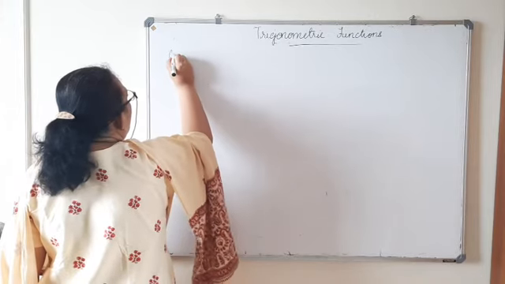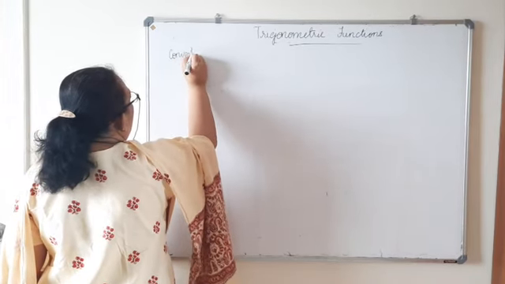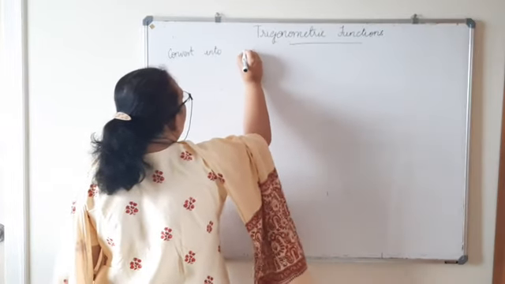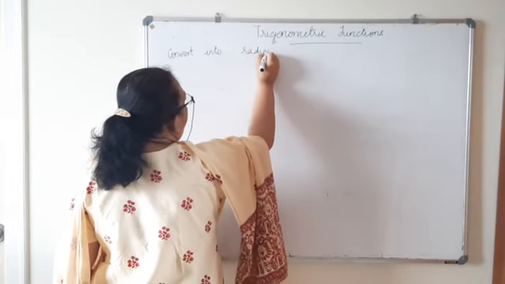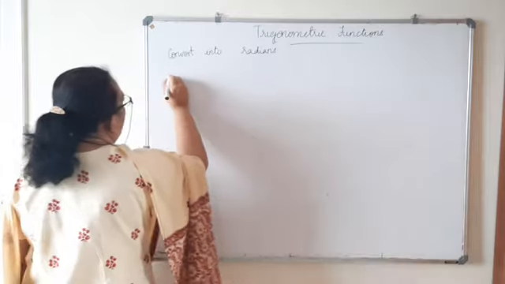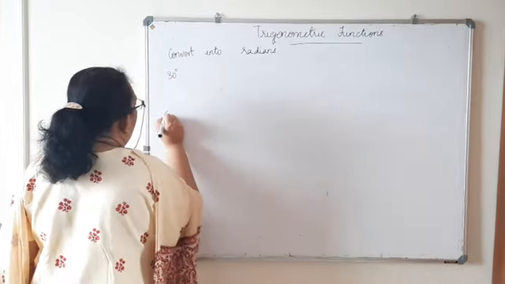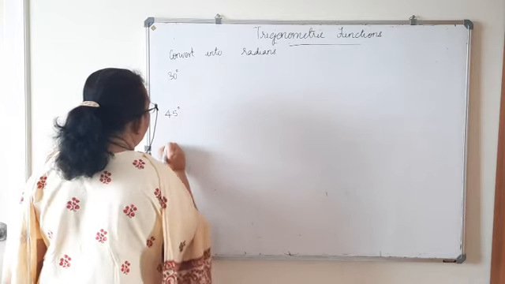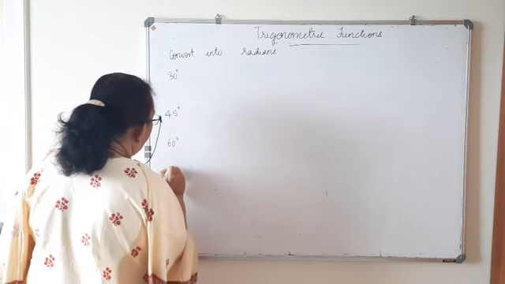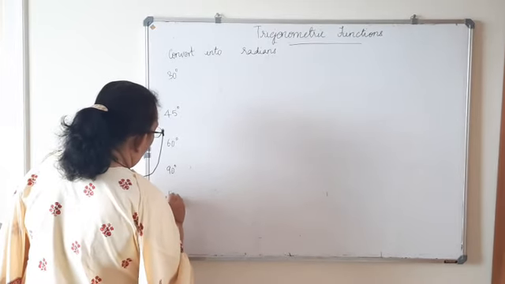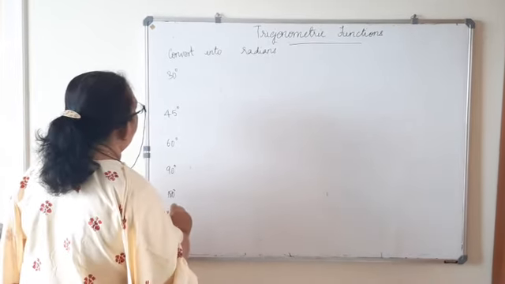Convert into radians: 30 degrees, 45 degrees, 60 degrees, 90 degrees, 180 degrees. 30 degrees, convert it into radians.